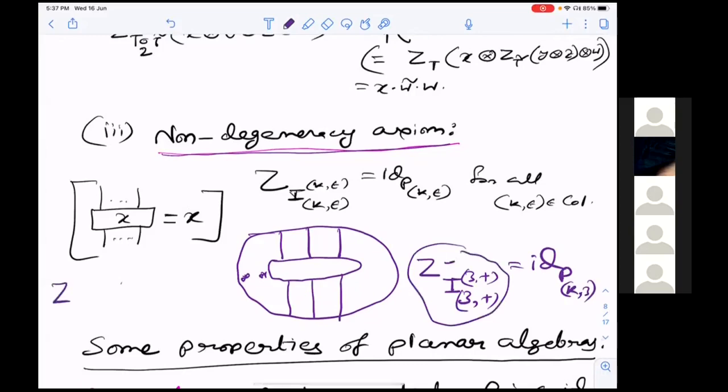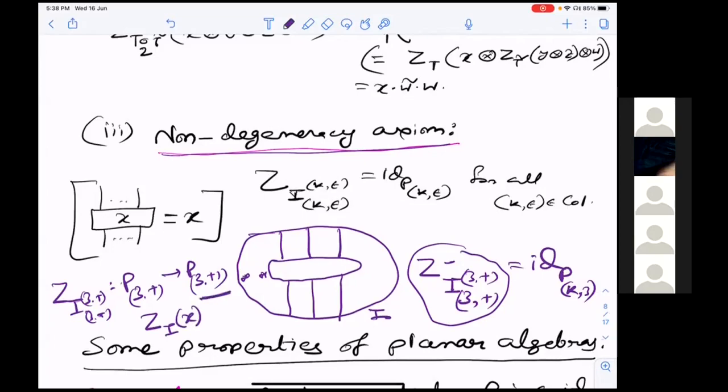Z of I_3^+ is defined from P_3^+ to P_3^+. So if you put X, let me call this simply I, Z_I of X will be again an element of P_3^+. This axiom is saying that this is equal to X, because identity of P_3^+ of X is nothing but X. That is what it is saying.